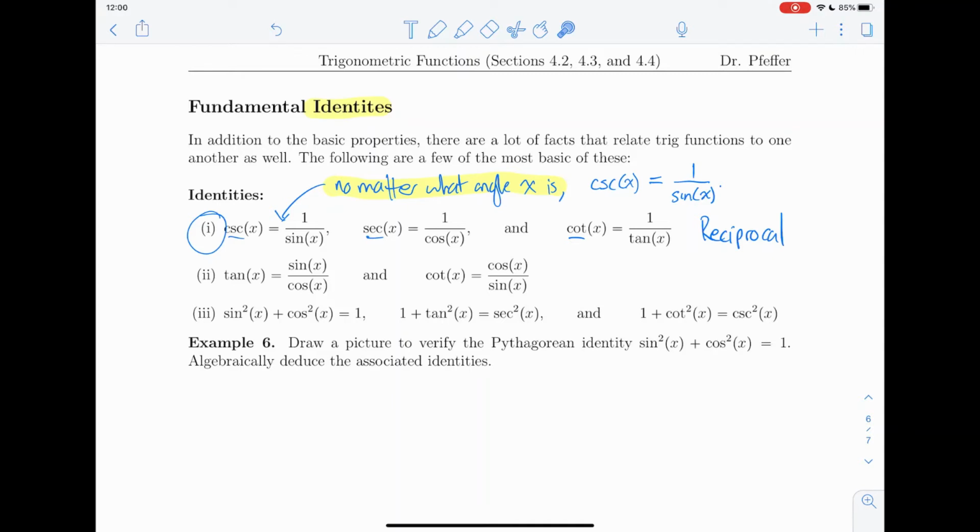We do have what are going to be called quotient identities. These are things like tangent is equal to sine over cosine. If this is at all mysterious why this might be the case, you can justify this a little bit.